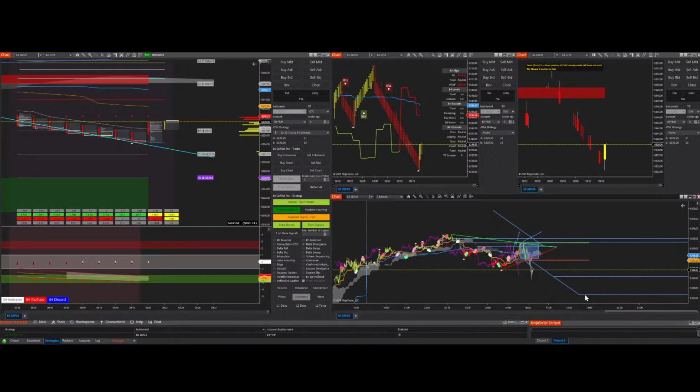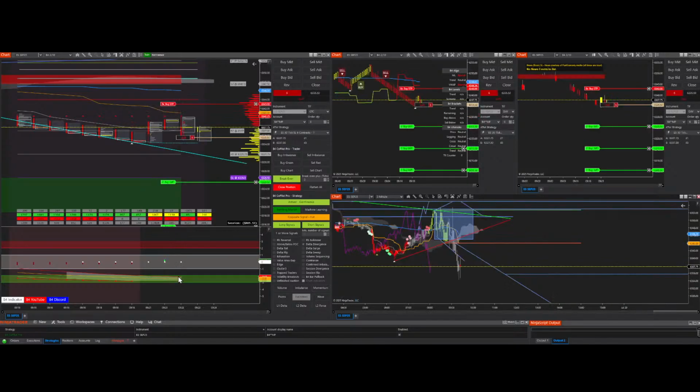Let's see what it's going to do. Still got that pullback potential here. Don't necessarily like this. I'm going to tighten my risk on that, tighten my parameters on that.